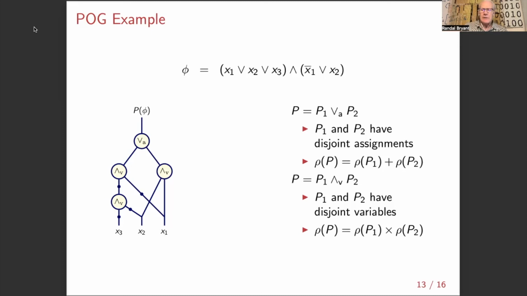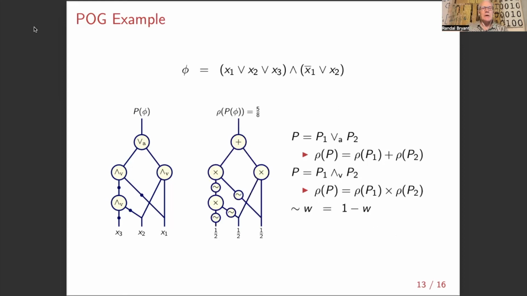And so given that POG representation and a proof that that POG is logically equivalent to the formula, we can compute its density by this very simple set of arithmetic operations involving multiplication, addition, and an operation I call tilde W, or just 1 minus W. And so we have to prove the correctness of that, but you can see it's a very straightforward operation.